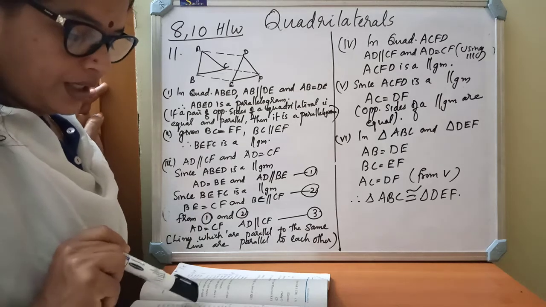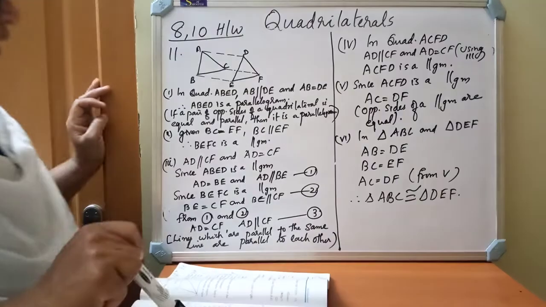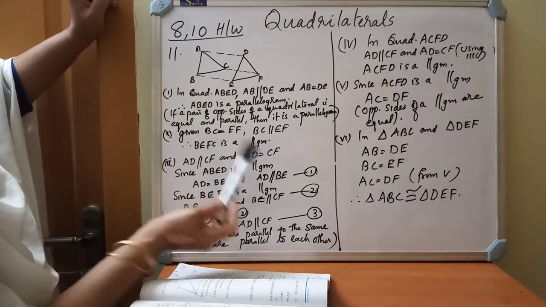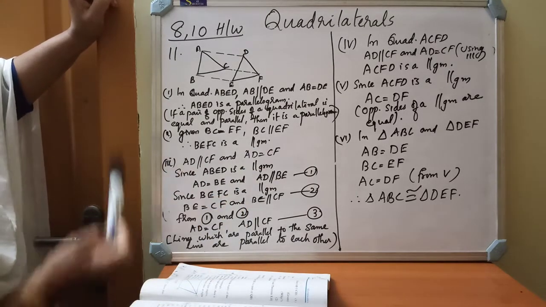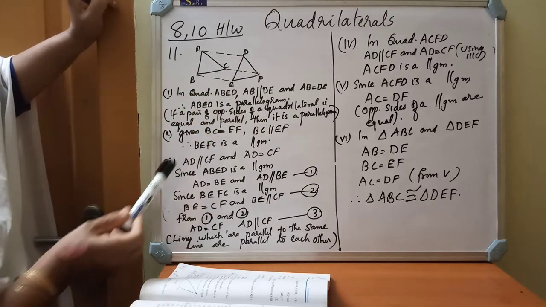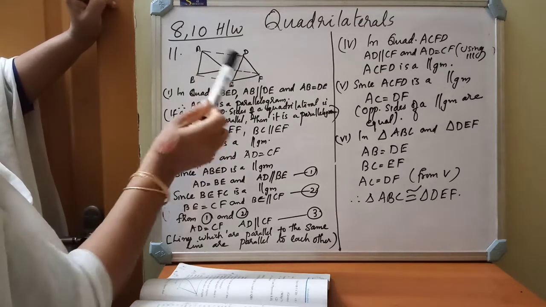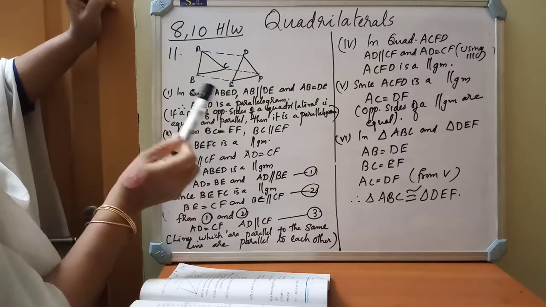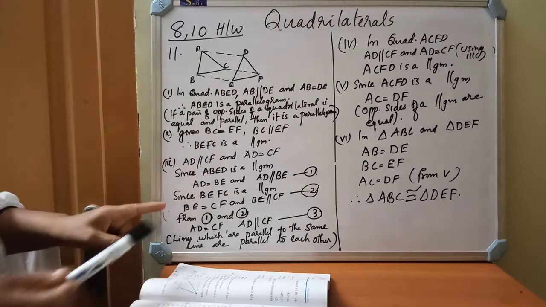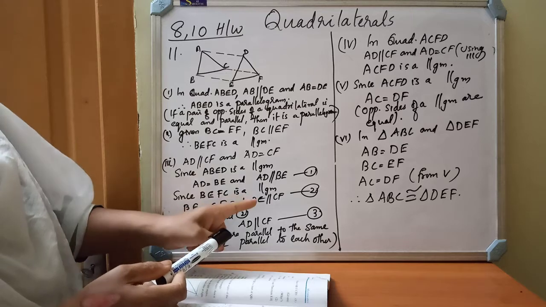See the third part, AD parallel to CF and AD equal to CF, they ask you to prove. For proving this result, ABED is a parallelogram, isn't it? And second, BEFC is a parallelogram. If these two are parallelograms, opposite sides are equal and parallel, isn't it, children?